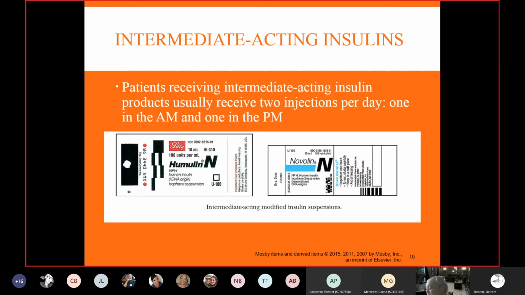Isophane insulin, which is abbreviated as NPH or N, is a modified insulin suspension. So it gives them that delayed basal release, so that base insulin. It has a longer duration than short acting, and the additives that extend the action make it cloudy, so it's not appropriate for IV.